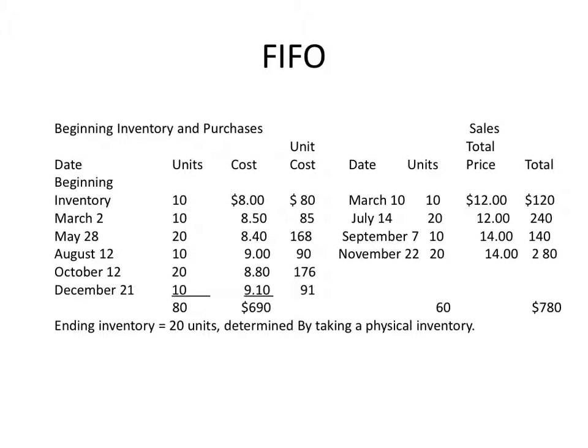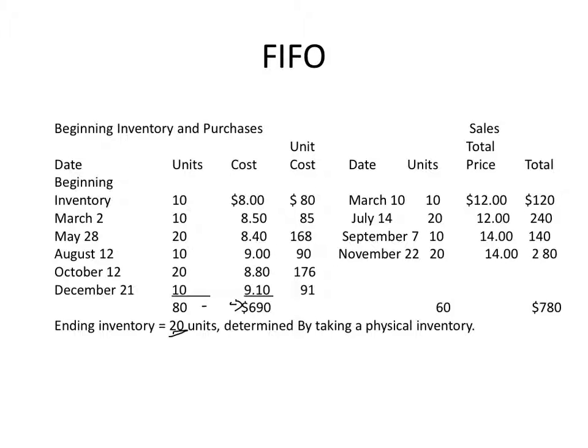So again, the same information. These are the goods available for sale. There were 80 at $690. I did a physical count. I had 20 units. I don't know where the 20 came from. So I assume that the way I sold these items was that the first ones in were the first ones out. So I sold 60.